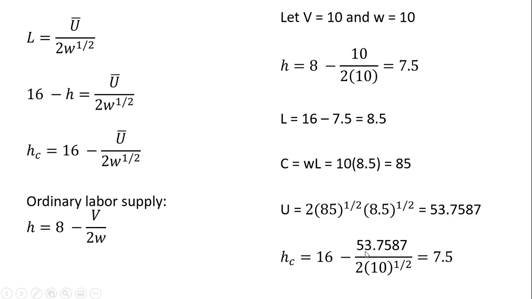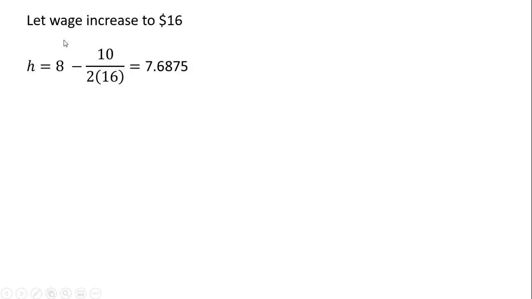If we evaluate our compensated labor supply function at these values, wage is 10, utility being held constant at 53.7587, we have a value of 7.5 hours, like we found on top here. All right, now let's look at a wage change. So let's let the wage increase to $16.